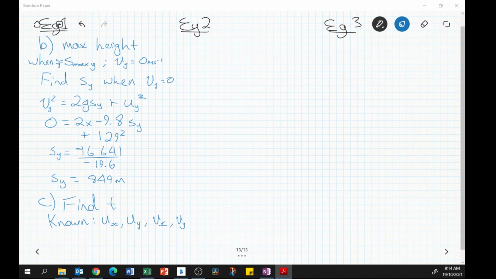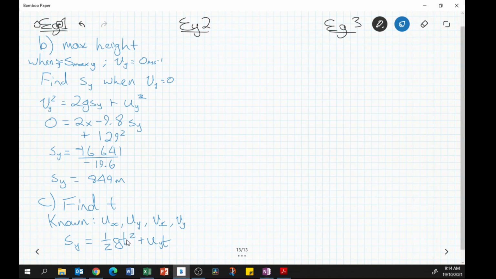So someone said the second one, do you mean sy equals half gt squared plus uyt? Is that what you meant? Yeah, okay. So one of the formulas we're considering right now is this one here, sy equals half gt squared plus uyt.